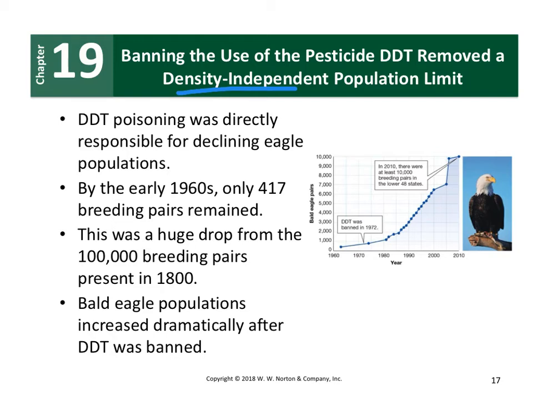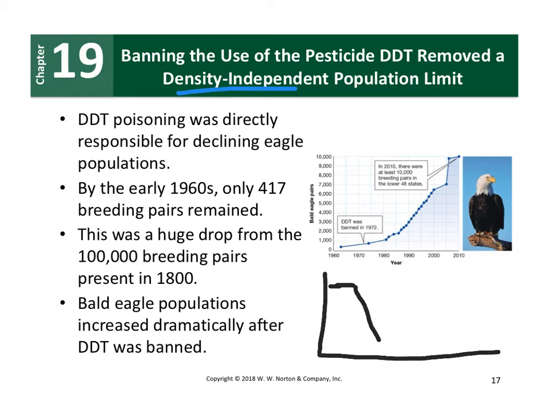So let's say before DDT, we'll actually have this. We have a population of about up here, and then DDT is applied, and it plummets the population.